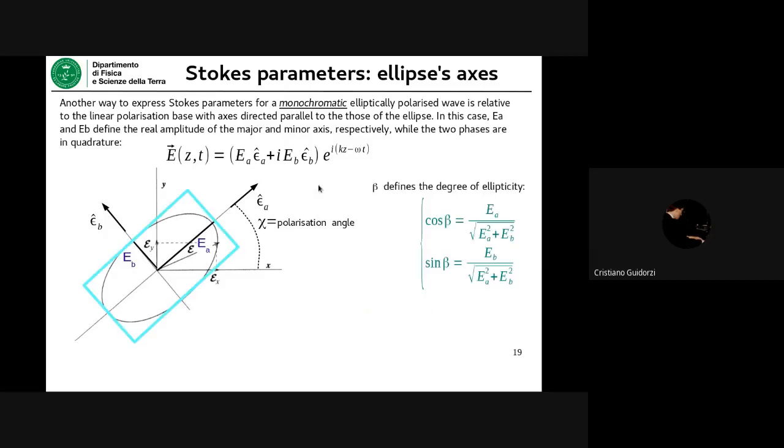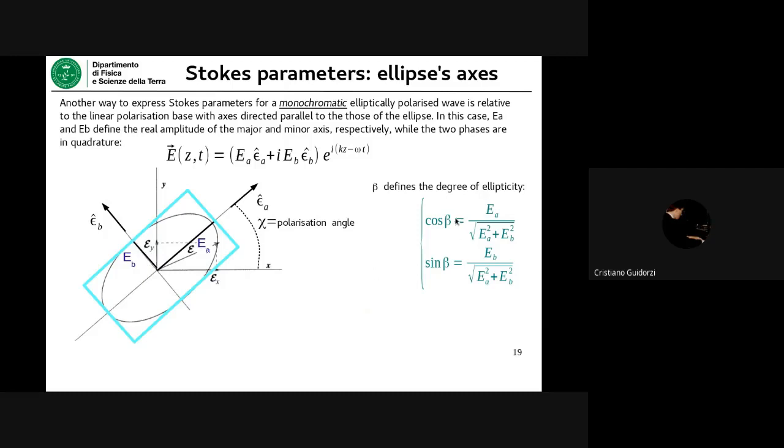Conveniently, if you consider the rectangle in which the ellipse is inscribed, you can consider the two sides. EA is the semi-major axis of this ellipse, and EB is the semi-minor axis.